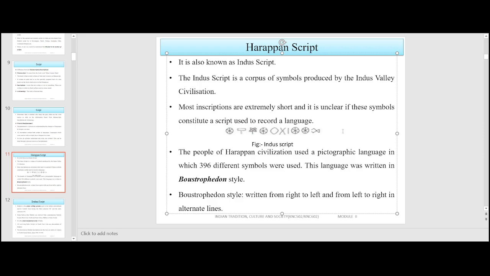If anyone asks what is the Boustrophedon style, in this style, right to left and left to right orientation are followed in alternate lines. That is the style used by the Harappan people.